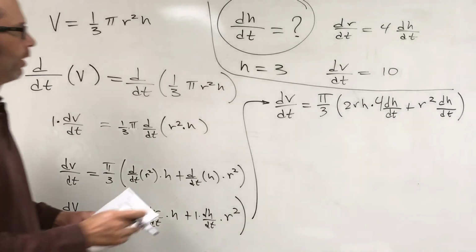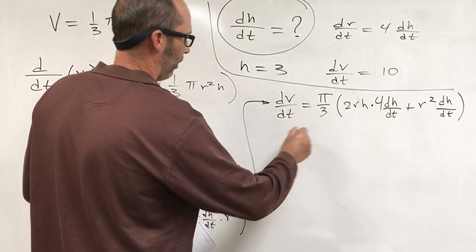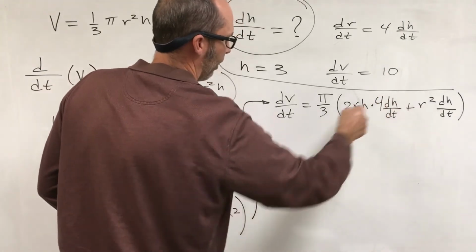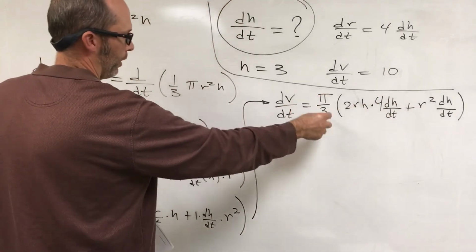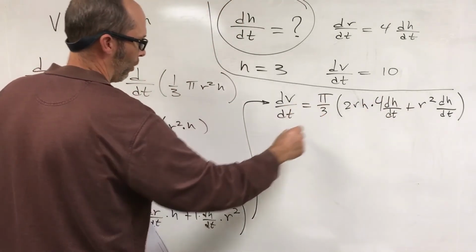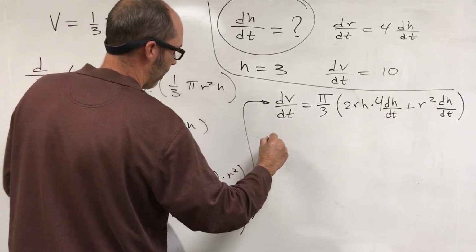First, if I want to get that alone, I want to get rid of this pi over 3, so I'll multiply both sides by 3 over pi.